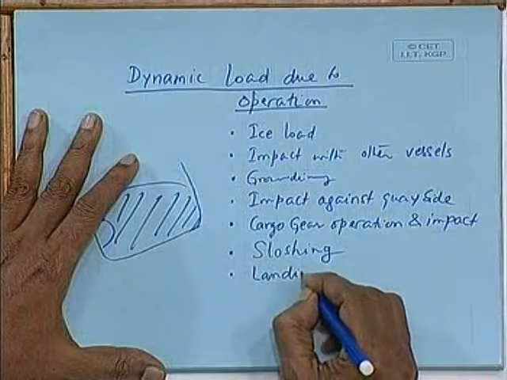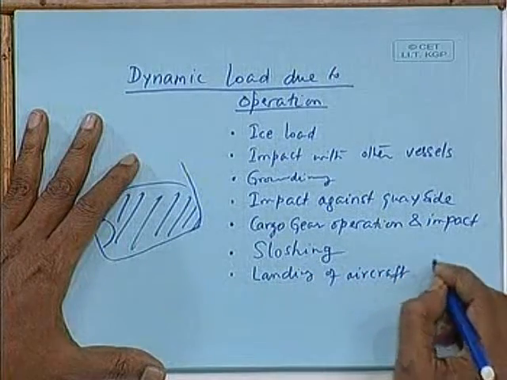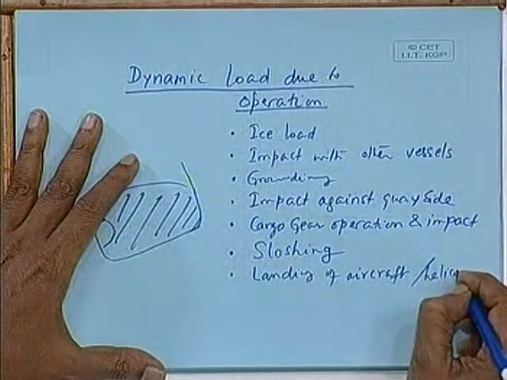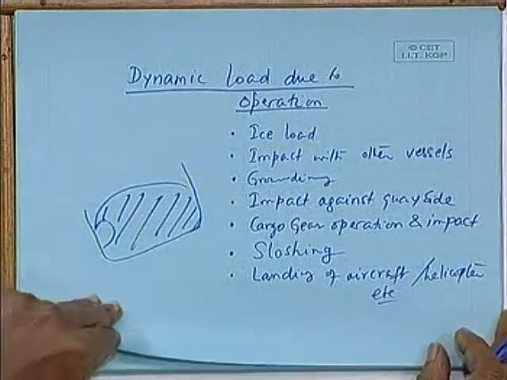Then in many vessels nowadays, including offshore structures, you have the helicopter deck or the aircraft deck. So, landing of aircraft, helicopter, etc. So, these are some of the examples of dynamic load coming due to operation.